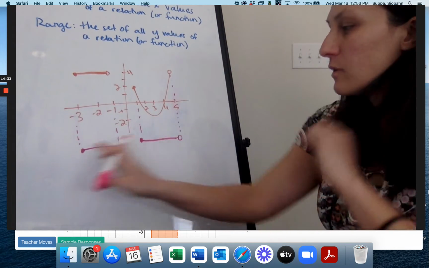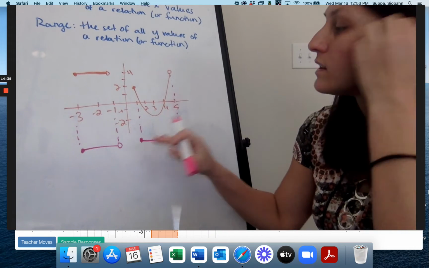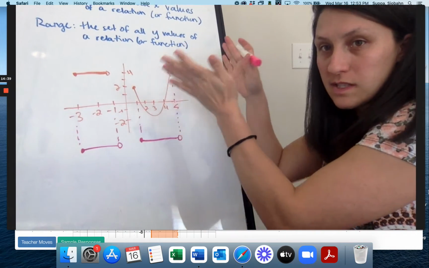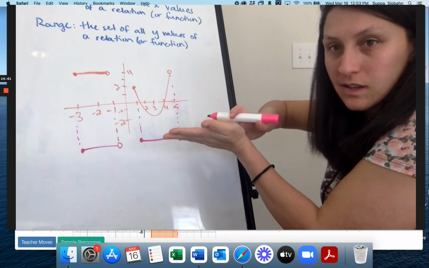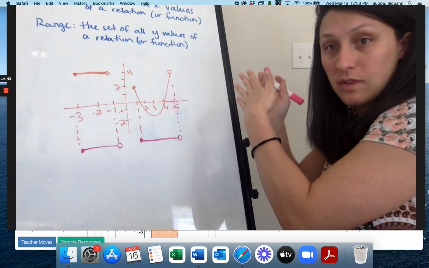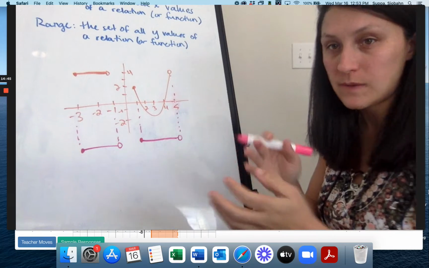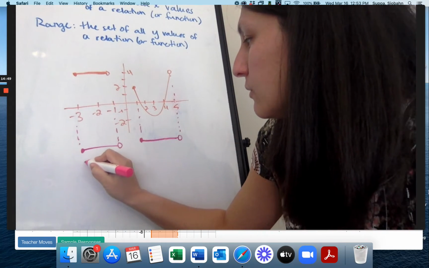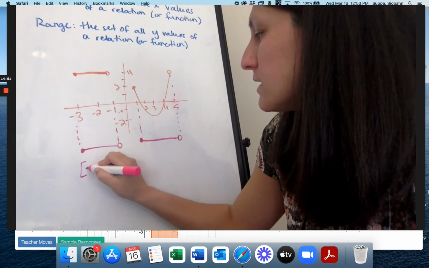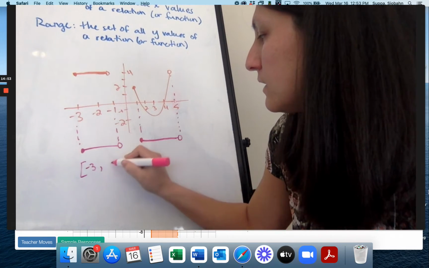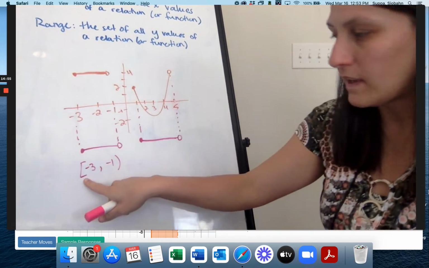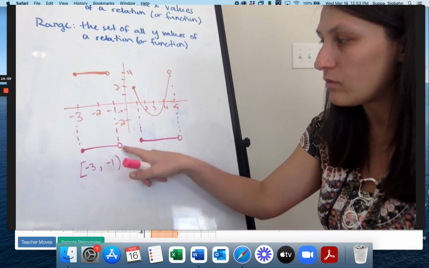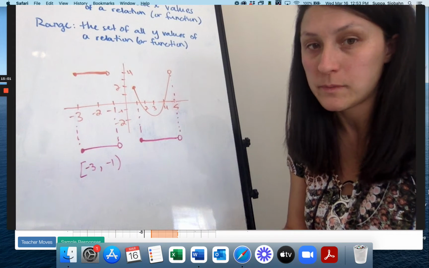So now that we've drawn it on a one-dimensional number line, it's like you're taking a two-dimensional graph and asking what x dimension it covers, and separately for the range, what y dimension it covers. In interval notation, this is -3, comma, -1, with a bracket on -3 because there's a filled in circle, and parentheses on -1 because it's an open circle.